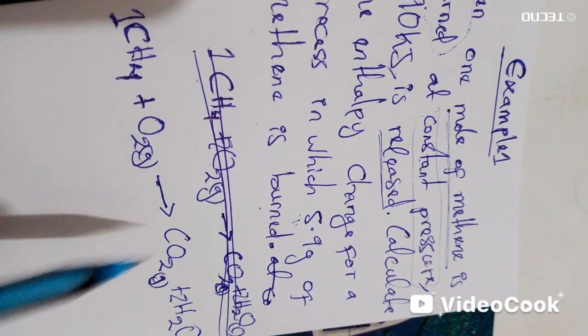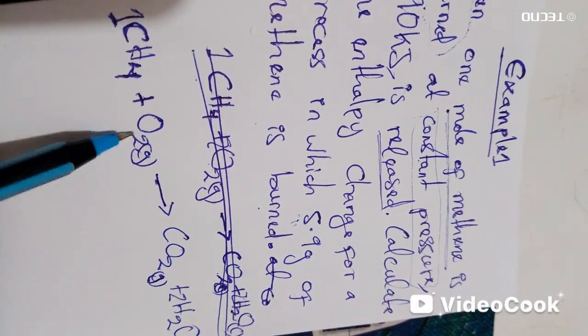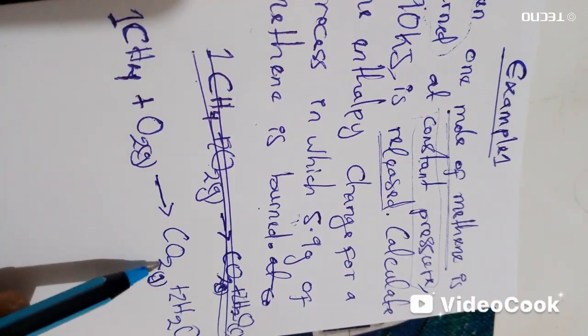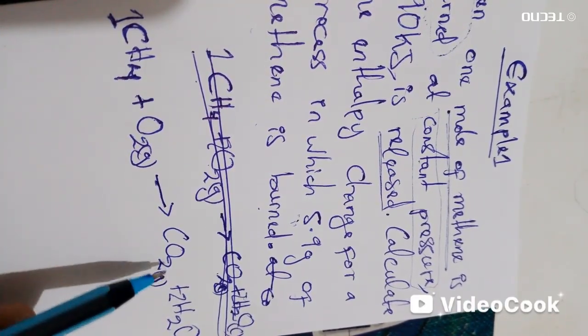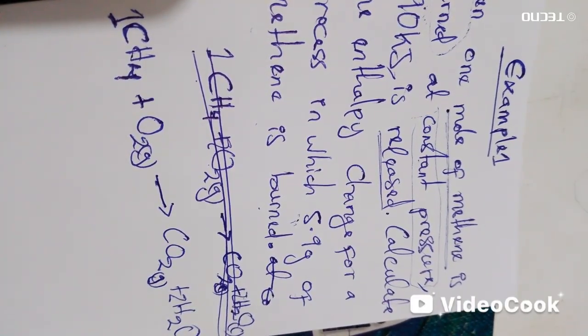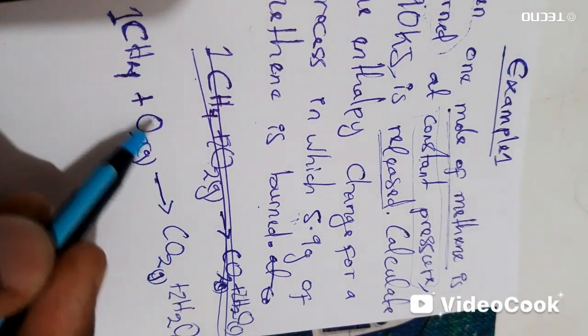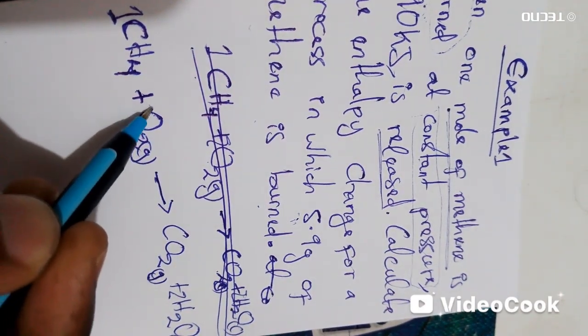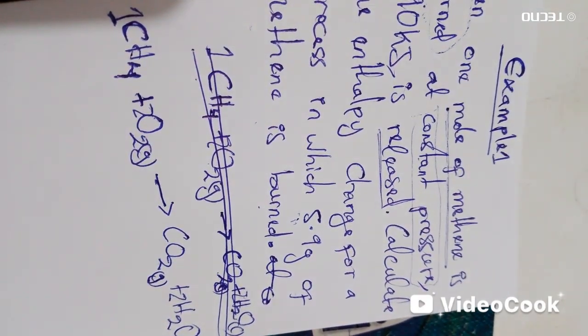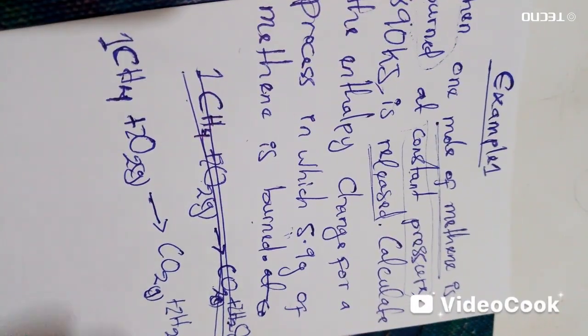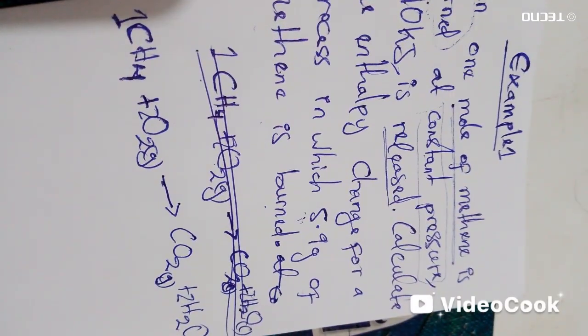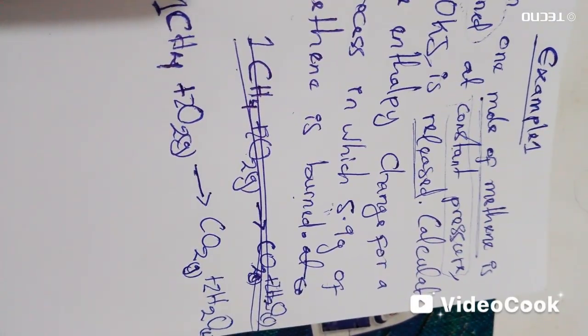C is 1, that's correct. Here we have 2 O's and here 2 O's, so 4 O's. To make 4 O's, I put 2 here, so everything is balanced. This wasn't a part of our question, but just as a bonus, you know how to balance an equation in case they tell you to.